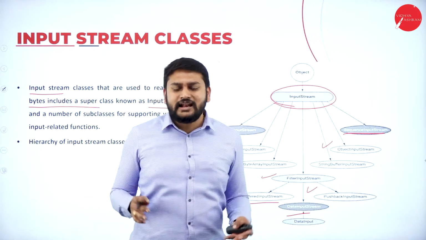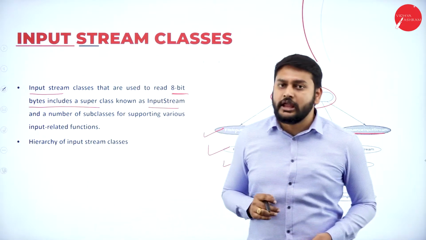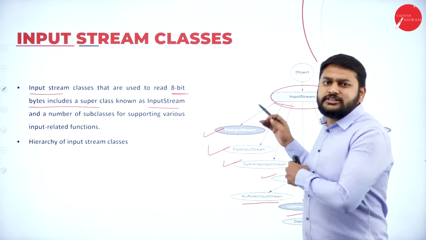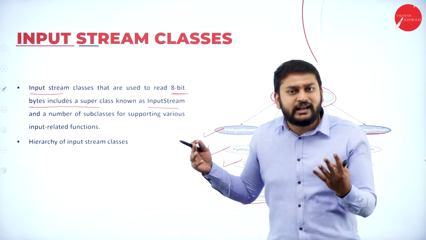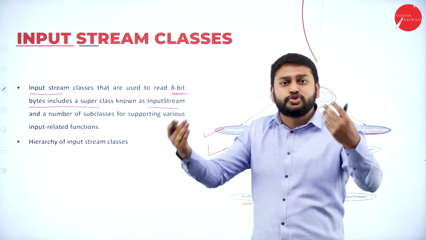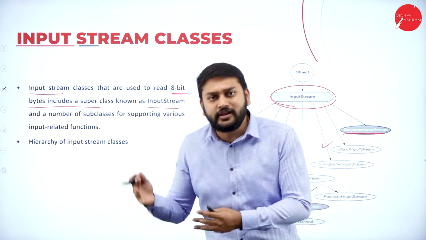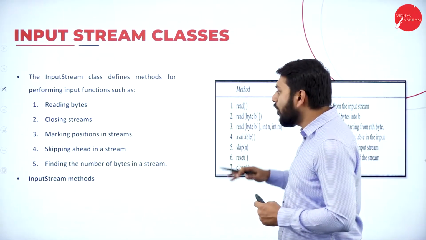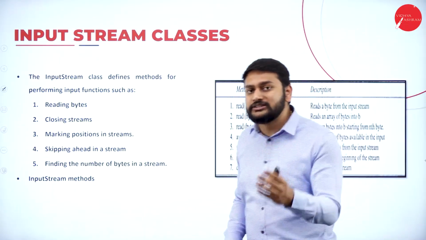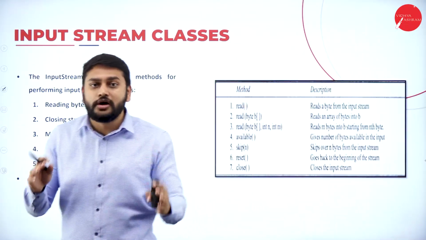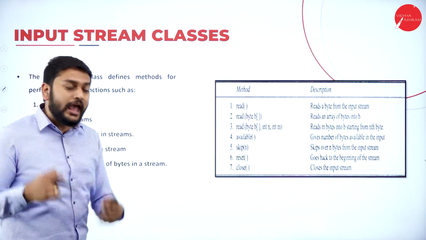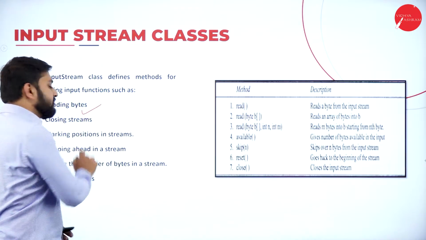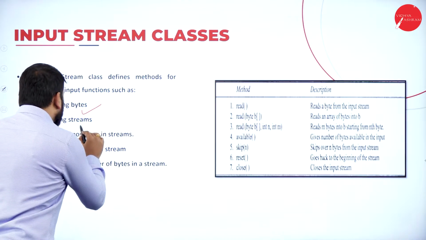So what exactly is this input stream doing for me? We have so many subclasses. How exactly is it working? Let's understand that in detail now. The input stream class has different methods which will help me to read the bytes, and also to close the stream.